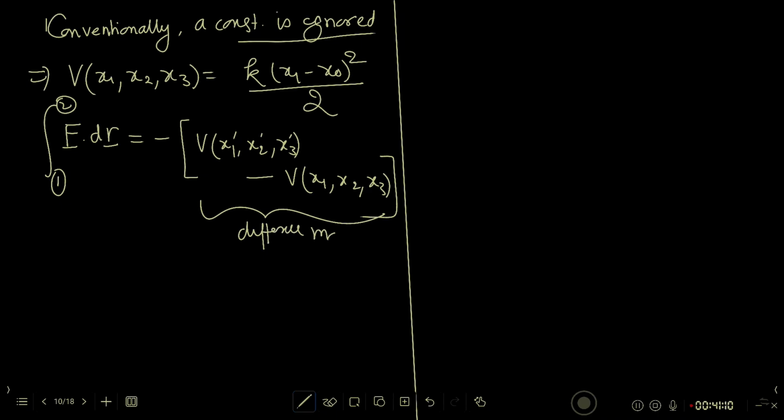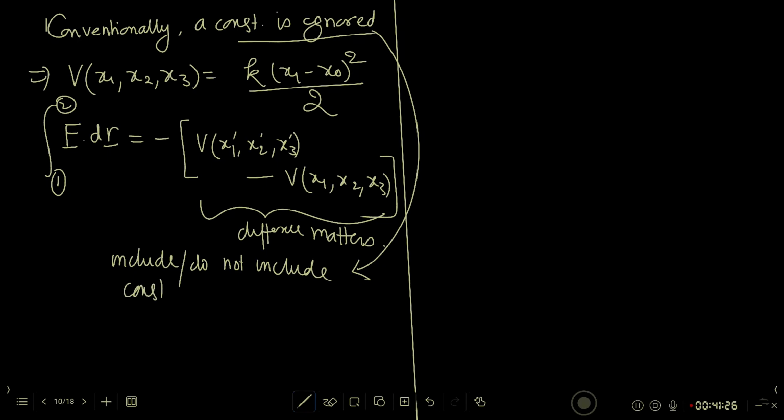Since only the difference matters, you include a constant or you don't include a constant, it will not matter. F dot dr is not affected. Thus, conventionally, we don't worry about that constant. So this is the answer to that question.